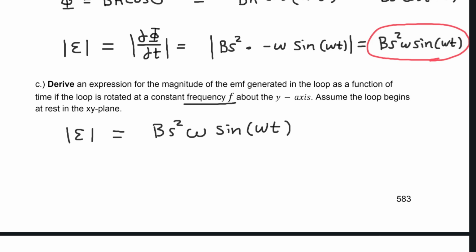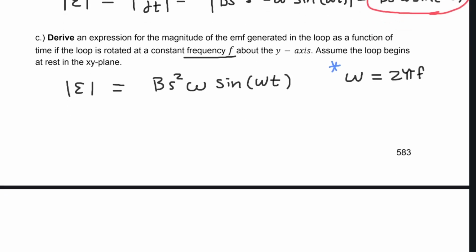So there's this nice relationship that if omega is an angular frequency, and that represents the frequency in which you are performing an angle of 2 pi, we can write omega is 2 pi f. This is a fact, and it is worth knowing. This might be on the equation sheet. So Bs squared times 2 pi f times sine of 2 pi ft.